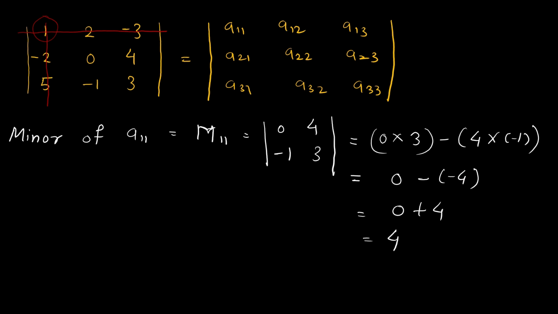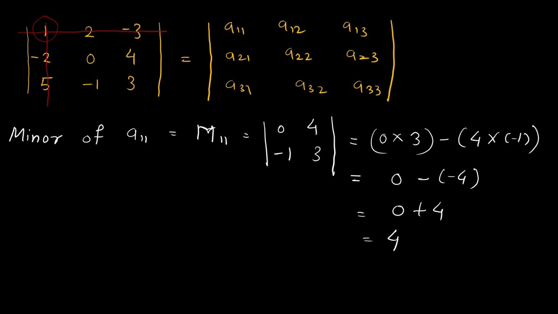Your answer will be 4. So the minor of 1 will be 4. Understood? Likewise, you have to solve for all the elements of the determinant. How many elements are there? 9 elements. So you have to find the minor of each and every element in the determinant.